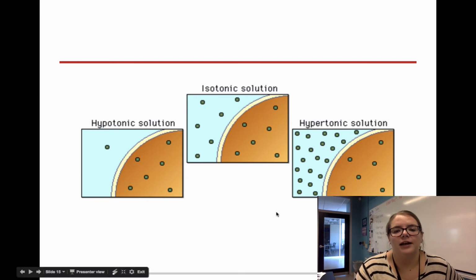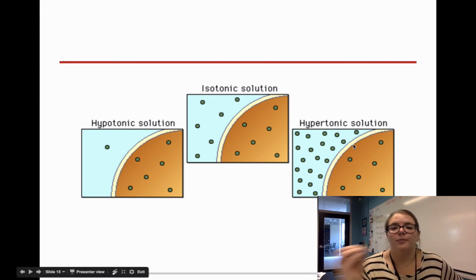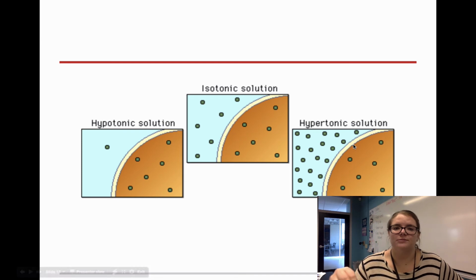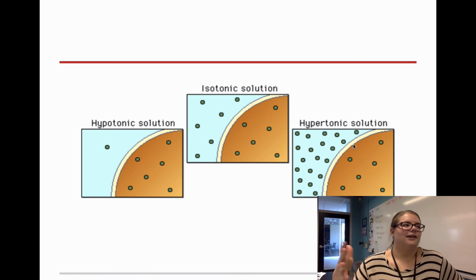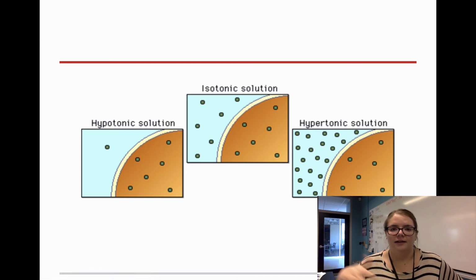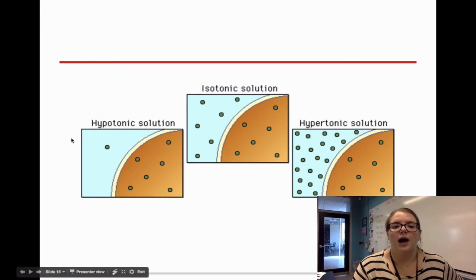Hypotonic and hypertonic are comparison terms, so you have to use them together. It'd be like saying, Bob has more pizza. More than what, right? So it's a comparison term like more and less. Hypotonic means less solute, right? If you look at the outside of this cell, there's less solute than there is over here.